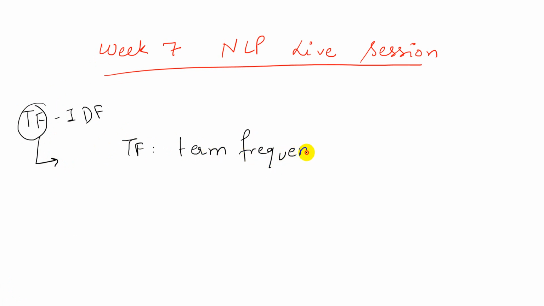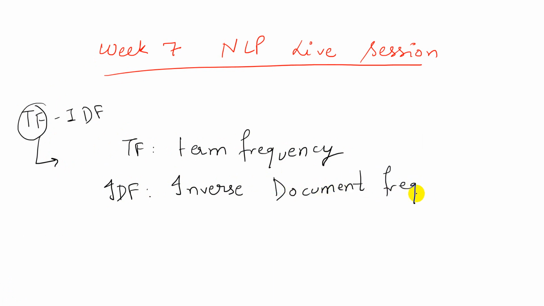And what is IDF? IDF stands for the inverse document frequency. So today we will be covering some numericals on this. Before that, I want to just revise this concept a bit so that we are comfortable when we are solving the numericals. So how do we represent it?